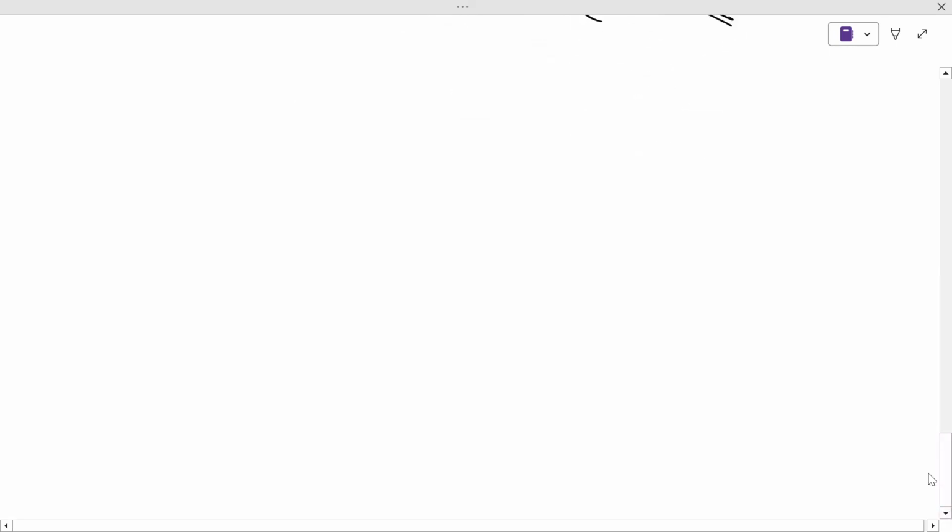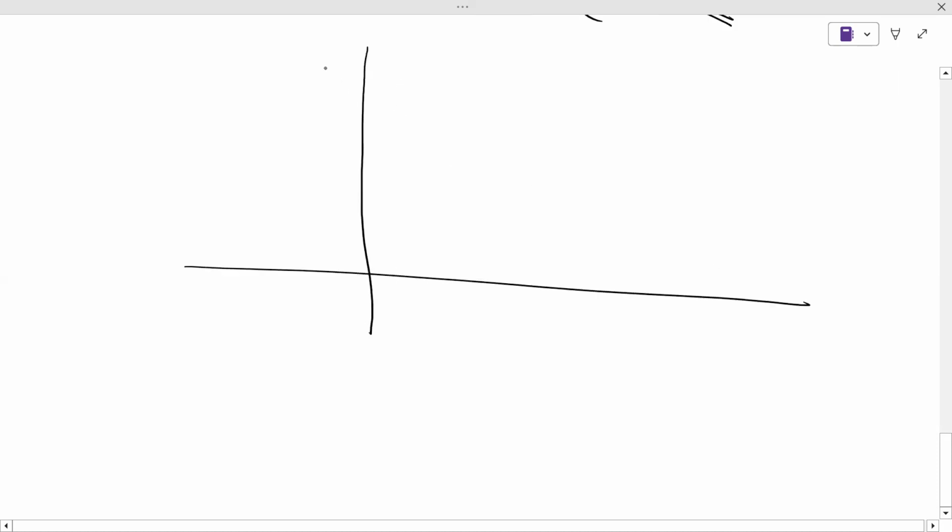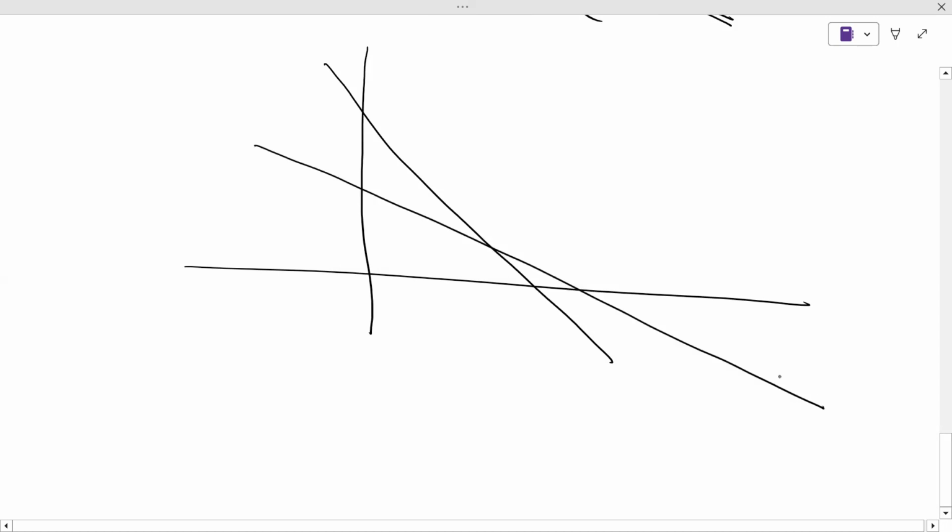So one example we need to solve here. Suppose one line has this type of graph, and another line has this type of graph. All are less than or equal to symbol. So this is the common region here. This region is the common region.